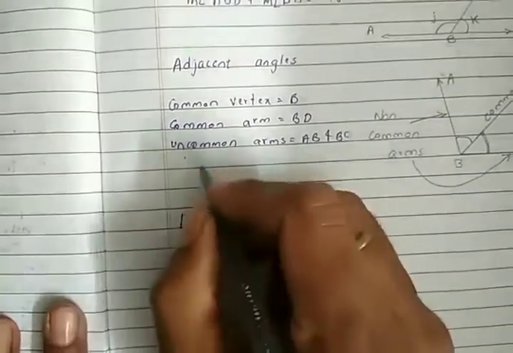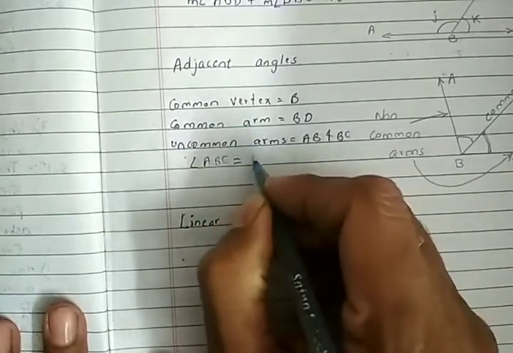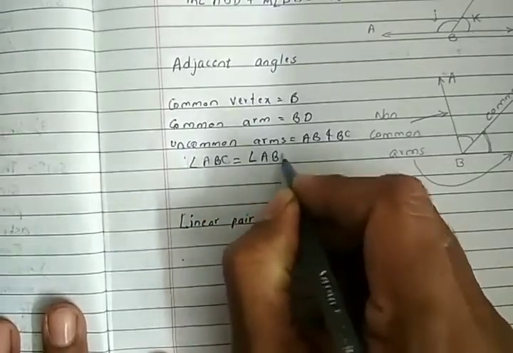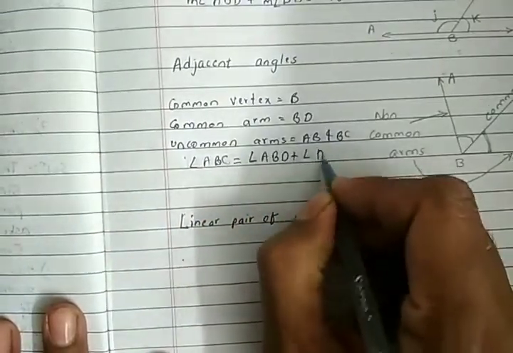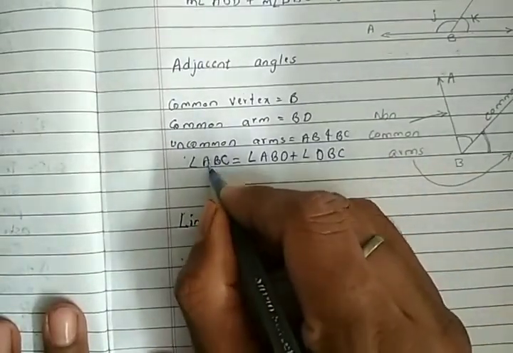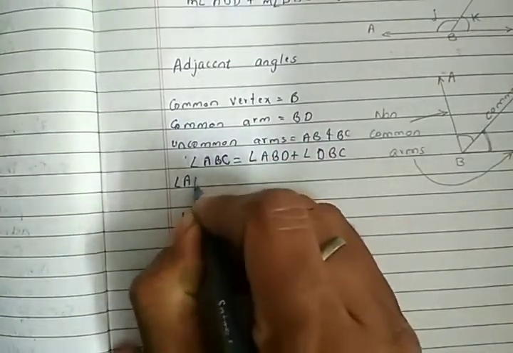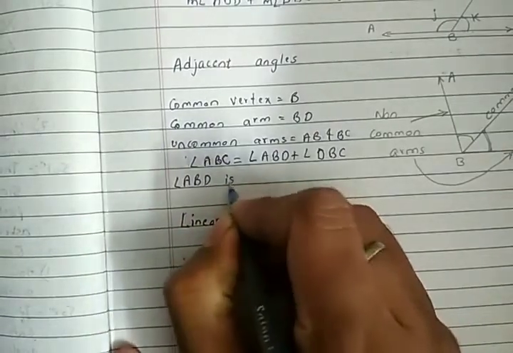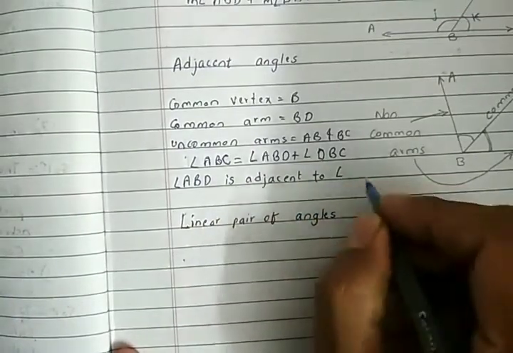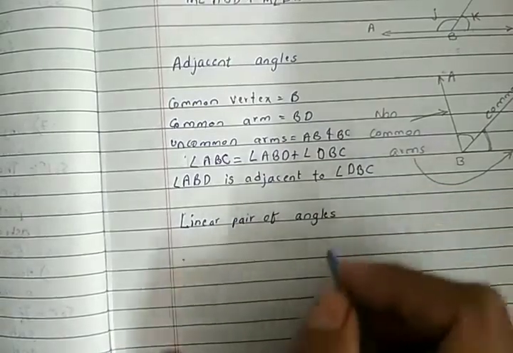You can also say that angle ABC equals angle ABD plus angle DBC. Angle ABD is adjacent to angle DBC.